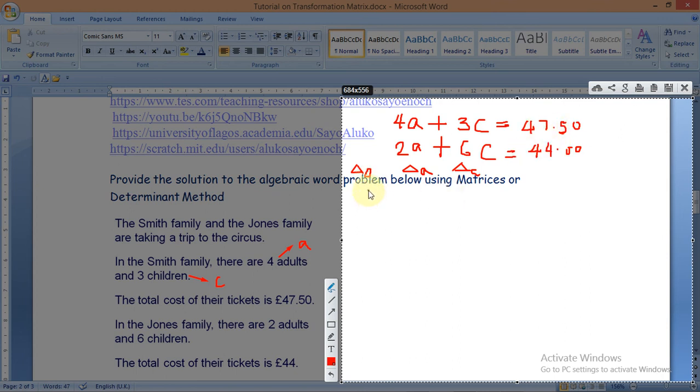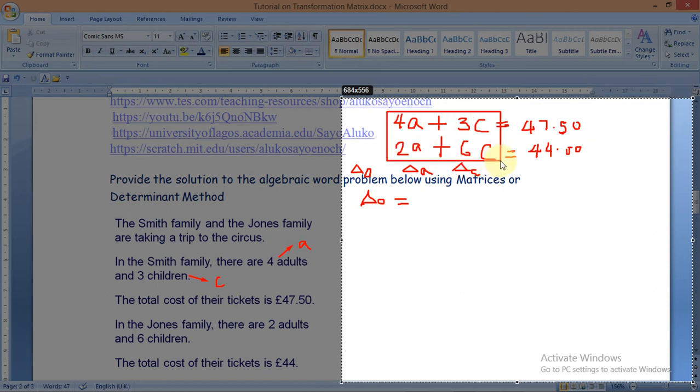So the first thing I'm going to calculate is delta naught. Delta naught means I work with the variable coefficients, and I exclude the constants. That's what I'm going to do now using determinant. So all I need to do here is the determinant of 4, 2, then 3, 6.